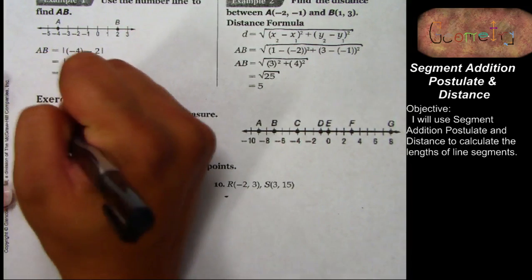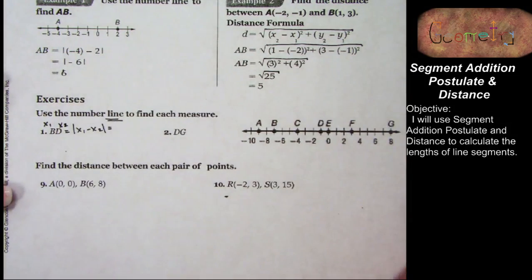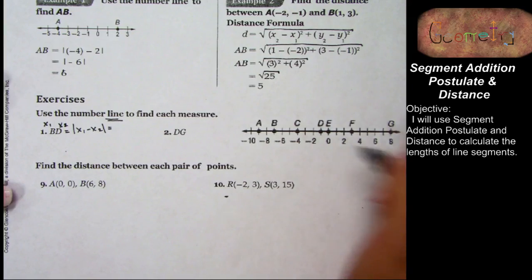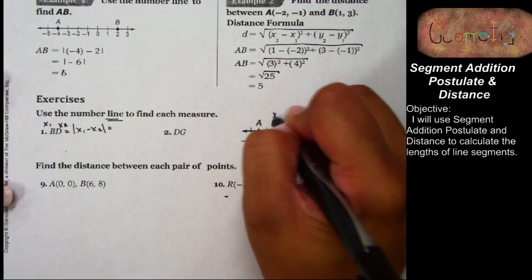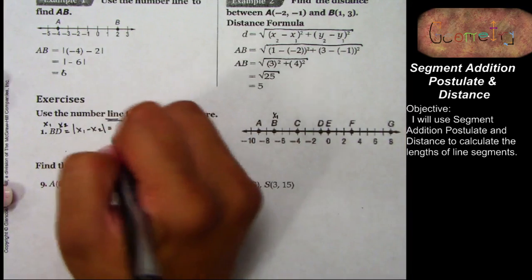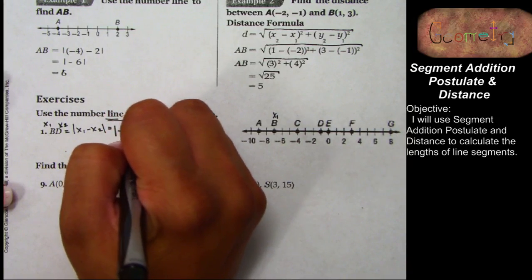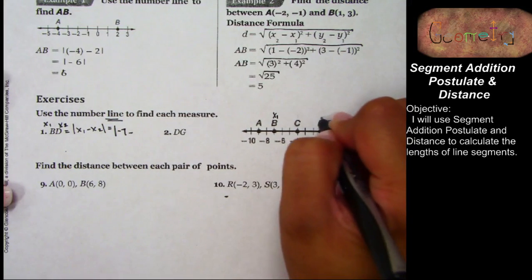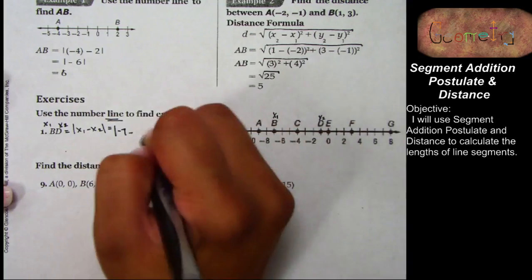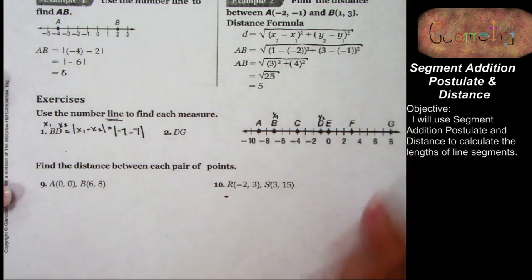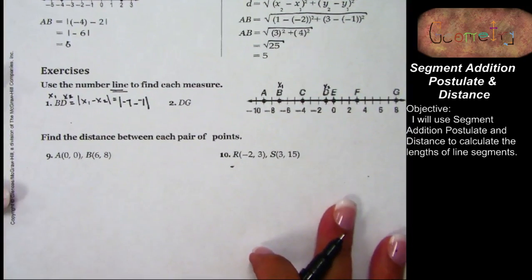Let's make B x1 and D x2. So the coordinate of B is -7. And the coordinate for D is -1. And so far, that's what my substitution looks like.